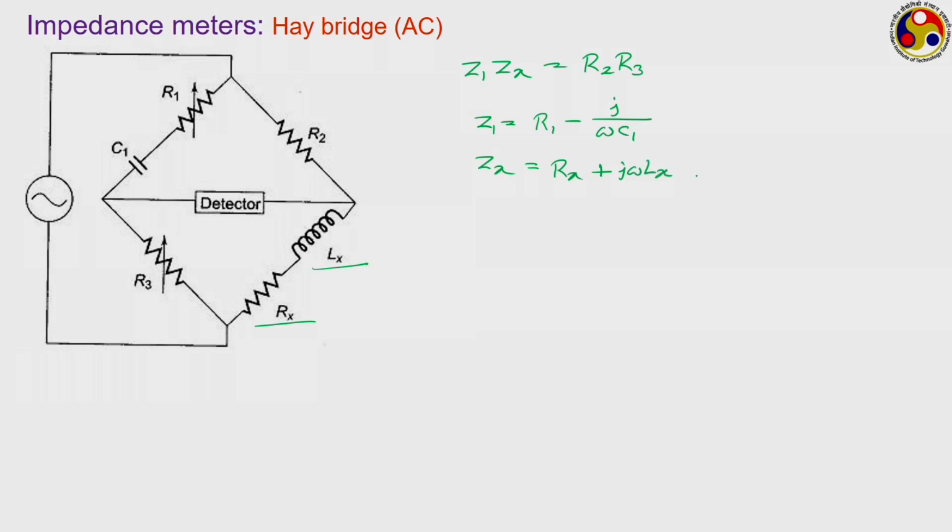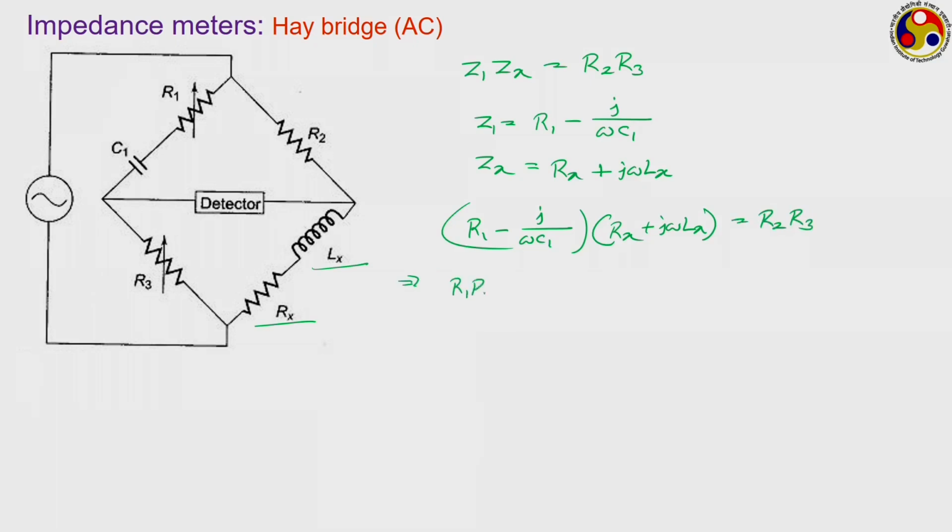Capacitance and inductance are mathematically represented as opposites. While in case of Z1 we have C1 in the denominator, here Lx is in the numerator. So now we can go back to our relation, that is R1 minus j upon omega C1 into Rx plus j omega Lx is equal to R2 R3.